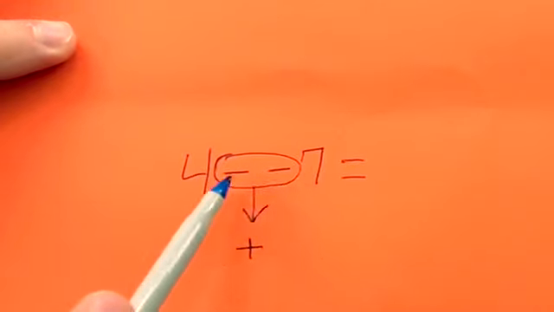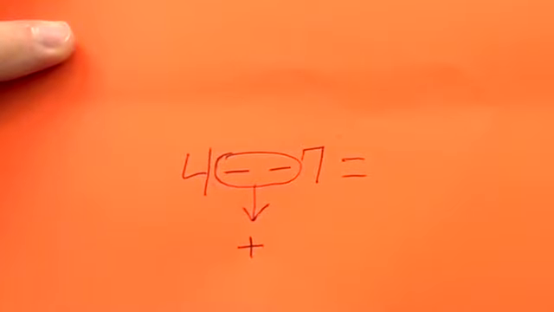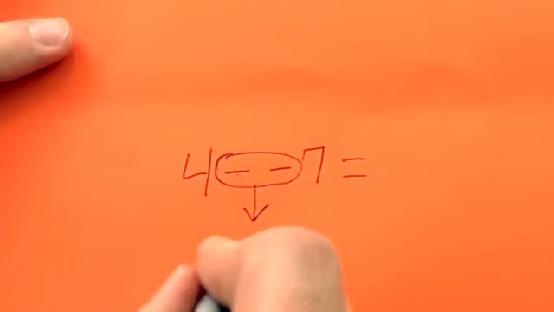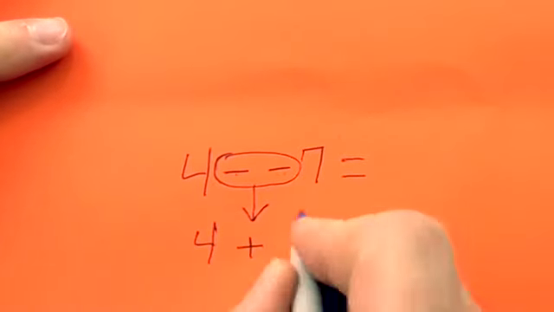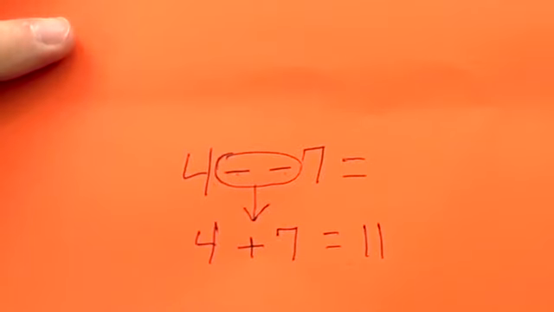Kind of looks like E.T.'s head with his little arms sticking up here. Anyway, that's one of the methods that I use for my kids to know when to change a subtracting negative to a positive. So in this case, instead of subtracting -7, we're doing actually 4 plus 7, which will equal 11.